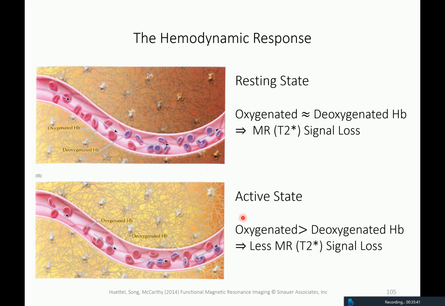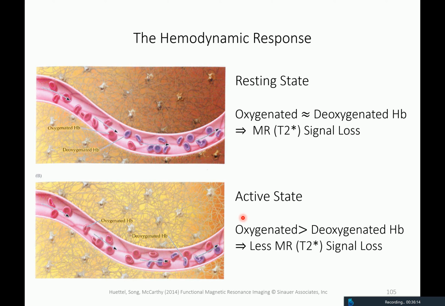The image gets brighter, essentially. The surprising thing is that when there's neural activity, suddenly there's more oxygenated hemoglobin. If one had thought about it, one would have thought: active state, neural energy is required, the oxygen is used up, so there's less oxygenated hemoglobin. However, the opposite is the case: there is more oxygenated hemoglobin.